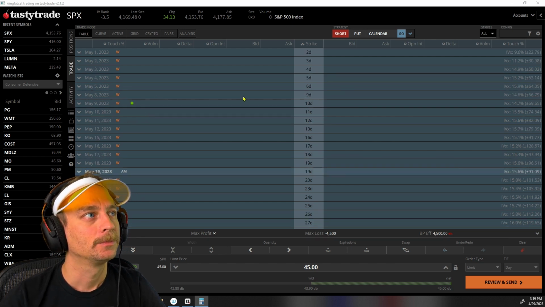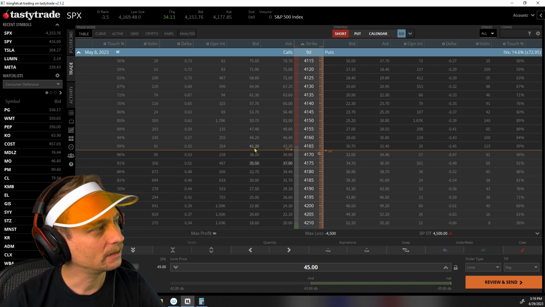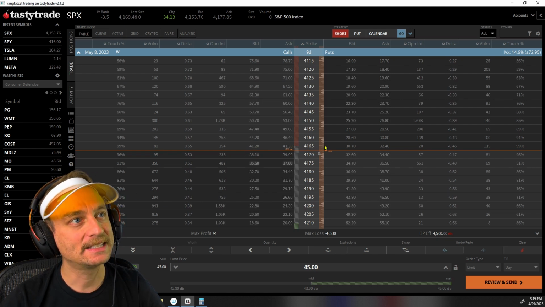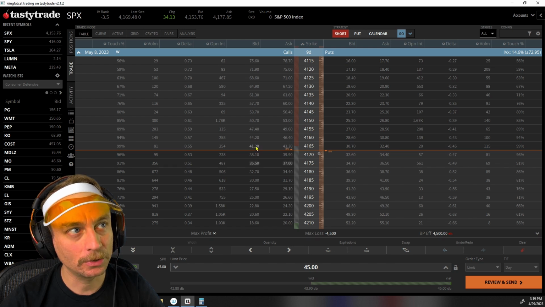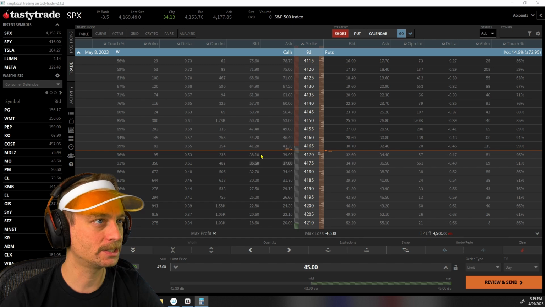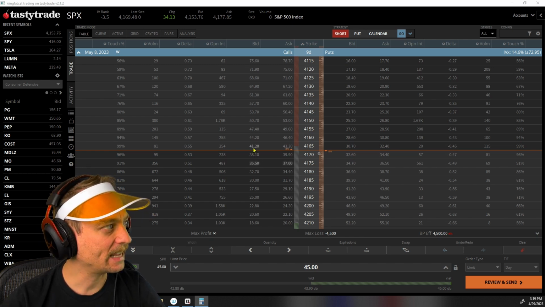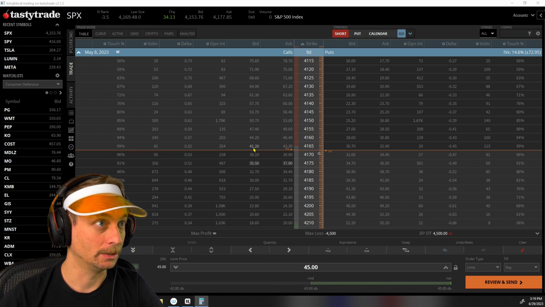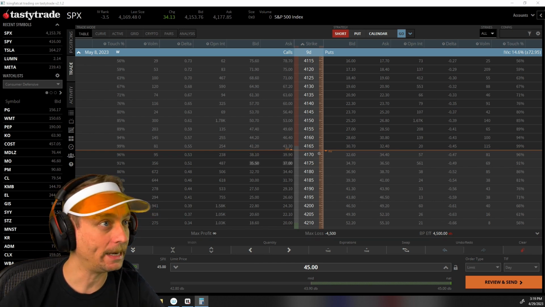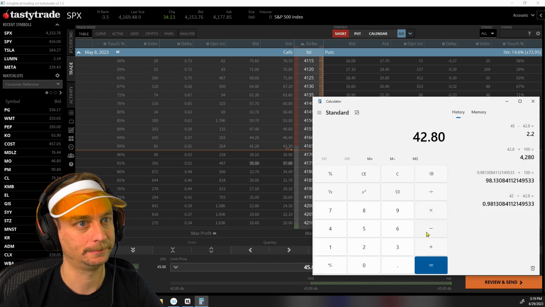Okay, now let's go to 9 days till expiration. Wait a second, now it's worth only 41. At that same strike price, it's only worth 41.20. Okay, assuming the market doesn't move, and the next day, I bought it for 42.80. Now it's only worth 41.20. Oh shit!